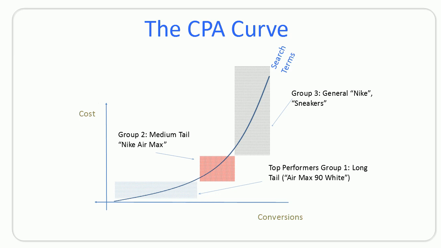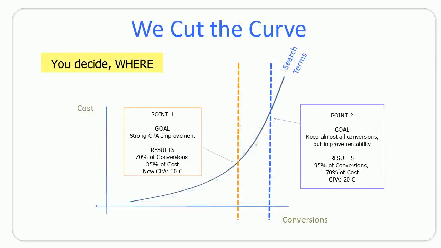So now our question for you is, where would you cut that curve? Where would be your perfect point? And this is exactly what our system does. We ask you, based on the historic data that we have for your account, where would you like to position yourself?